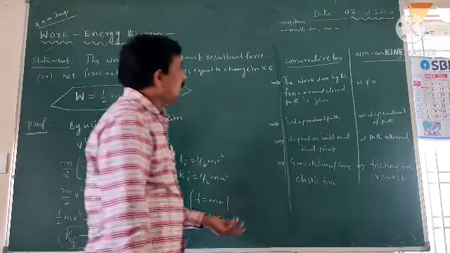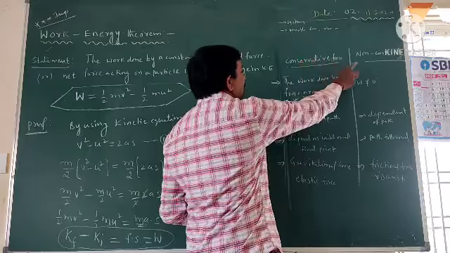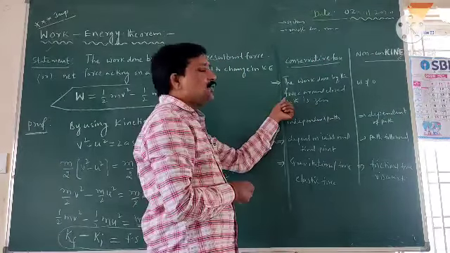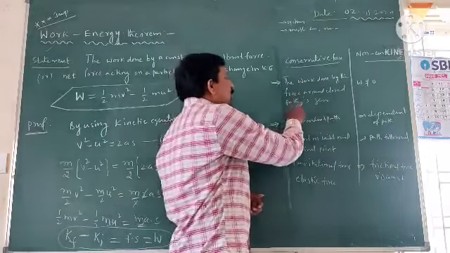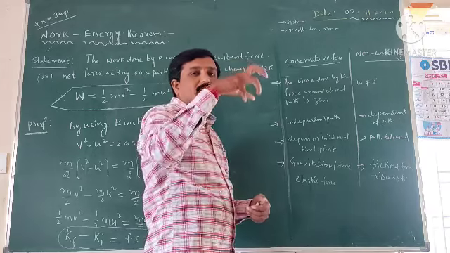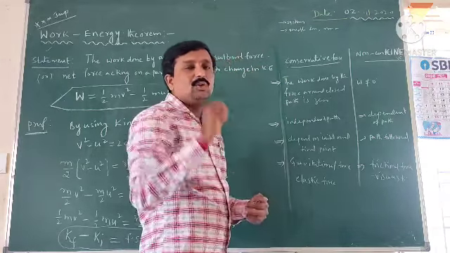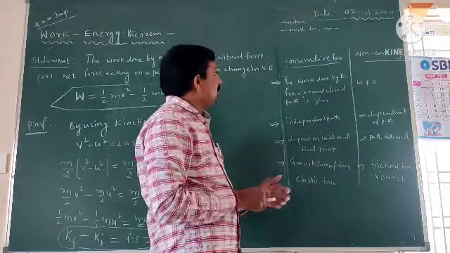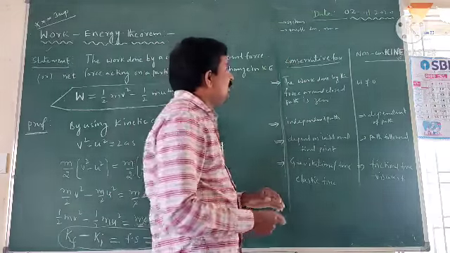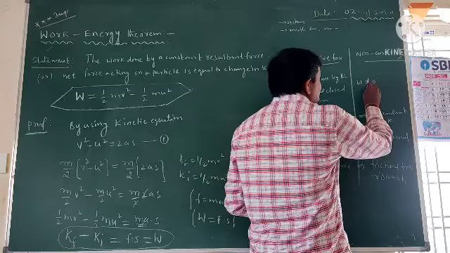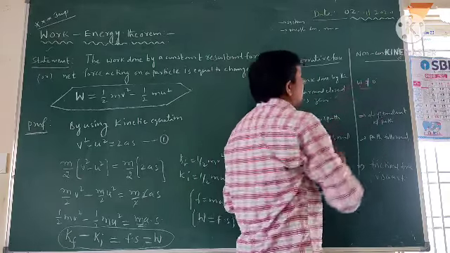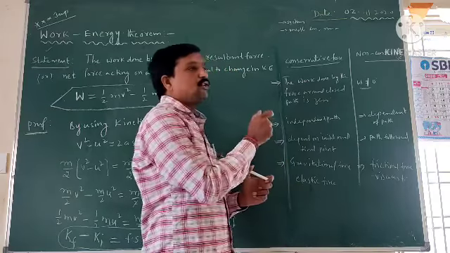Next is conservative force and non-conservative force. What is called a conservative force? If the work done by the force around a closed path is 0, such forces are called conservative forces. If the work done by the force around a closed path is not equal to 0, that is called a non-conservative force.